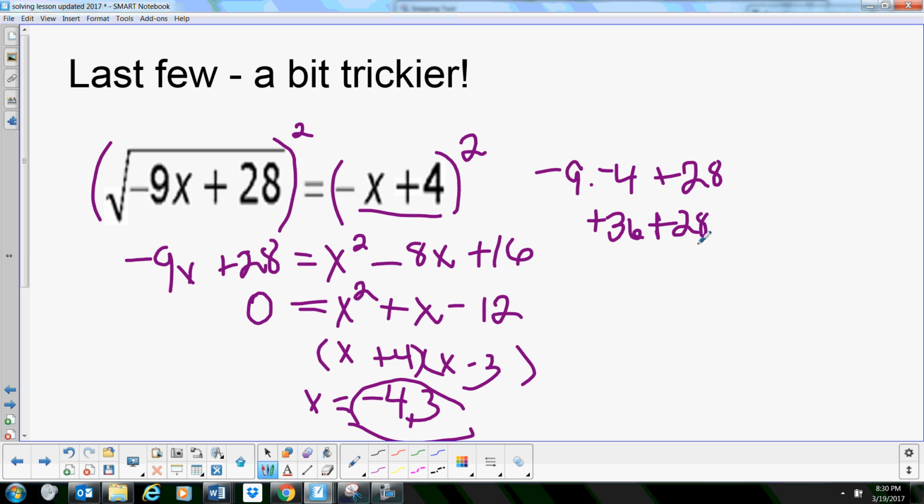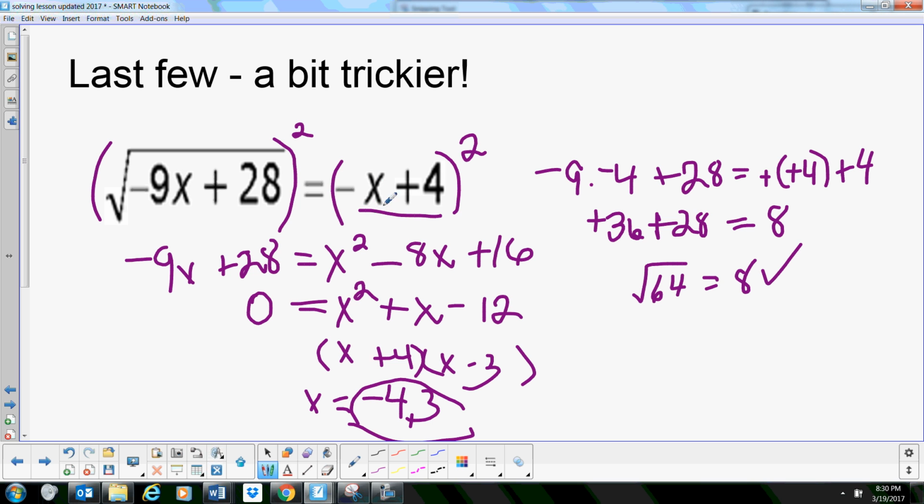That's going to give me 64, square root of 64. See, I remembered to do the square root this time. And let's take the right side. I've got the negative of negative 4 plus 4. And that's going to give me 8, right? And so that one is true. The negative one works this time.